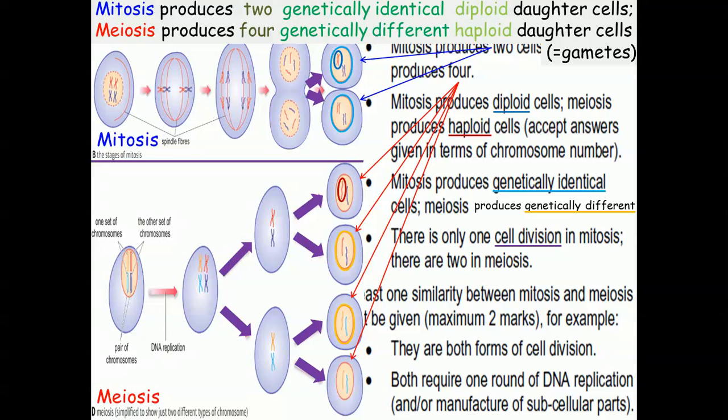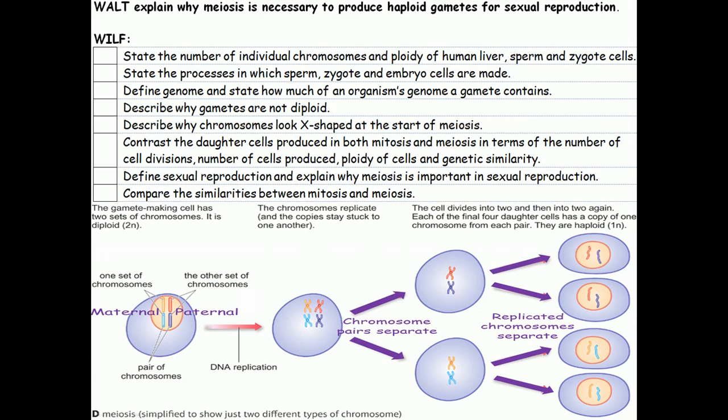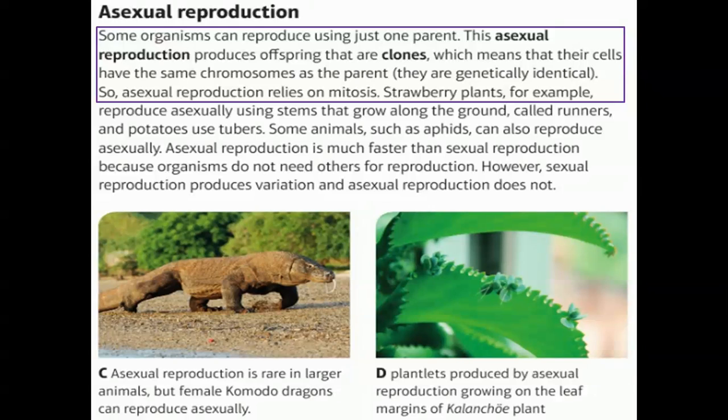The similarities between mitosis and meiosis are that they are both forms of cell division. Another similarity is that before the cell divides, the DNA replicates. Now we know from SB2 that asexual reproduction relies on mitosis to produce the genetically identical diploid cells.